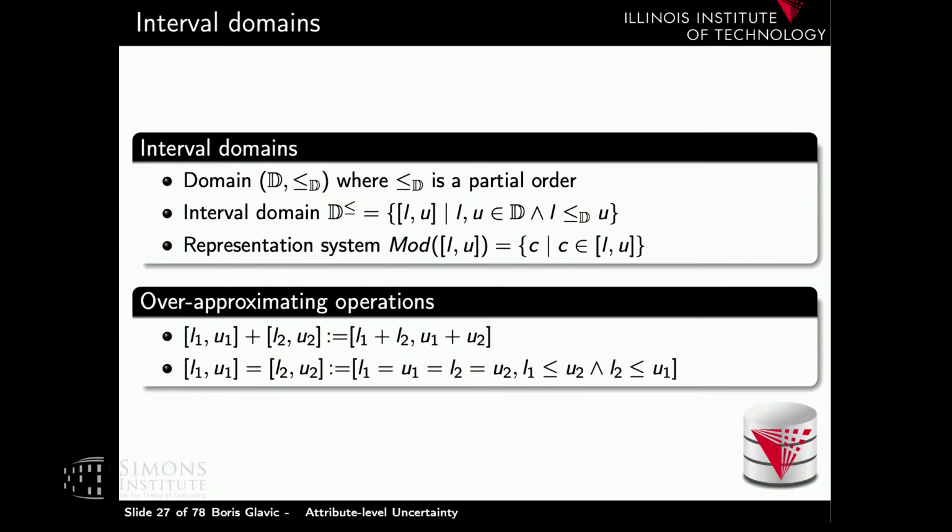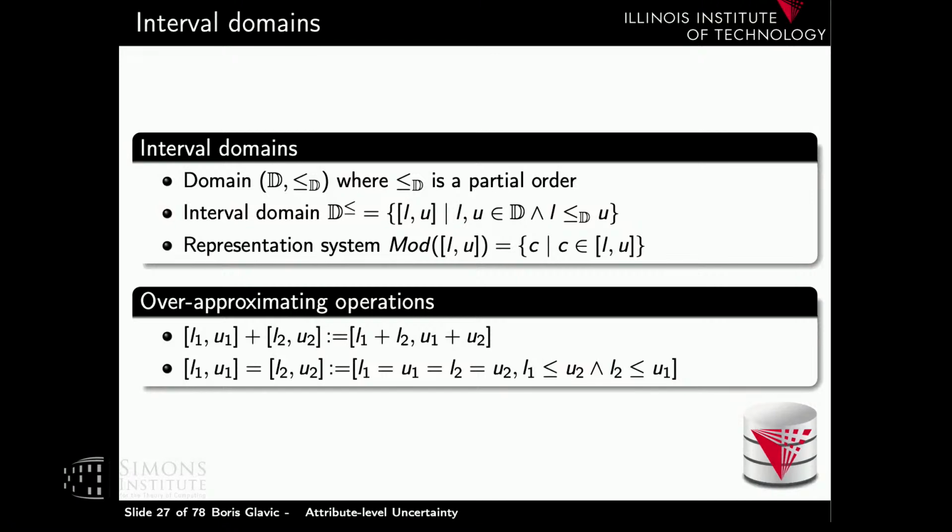Anyhow, so what we're going to do is take this idea of intervals, but make them a fundamental part of our data model. So for any domain that has some order, we can define, that should be total order here, some interval domain where we just have a lower bound and an upper bound, and this interval is essentially representing all of the values that fall between these bounds.